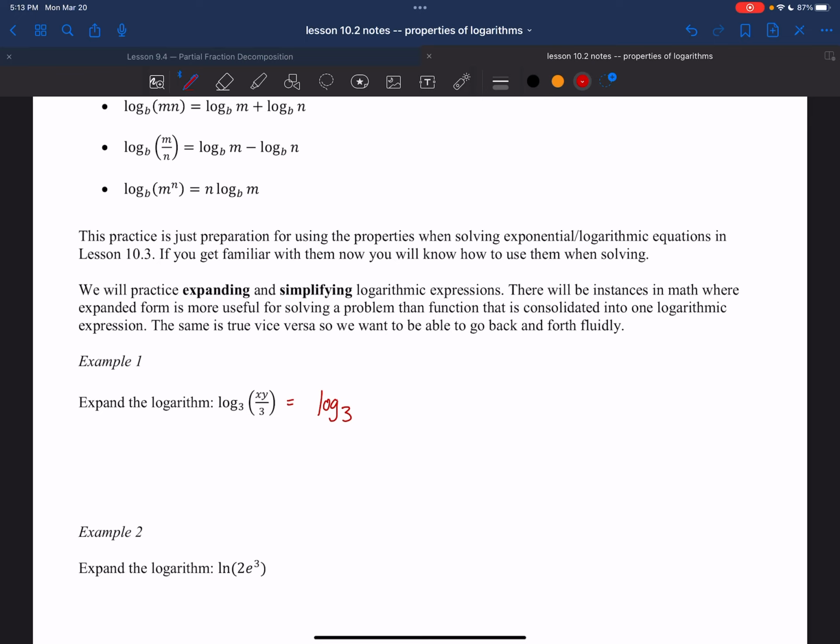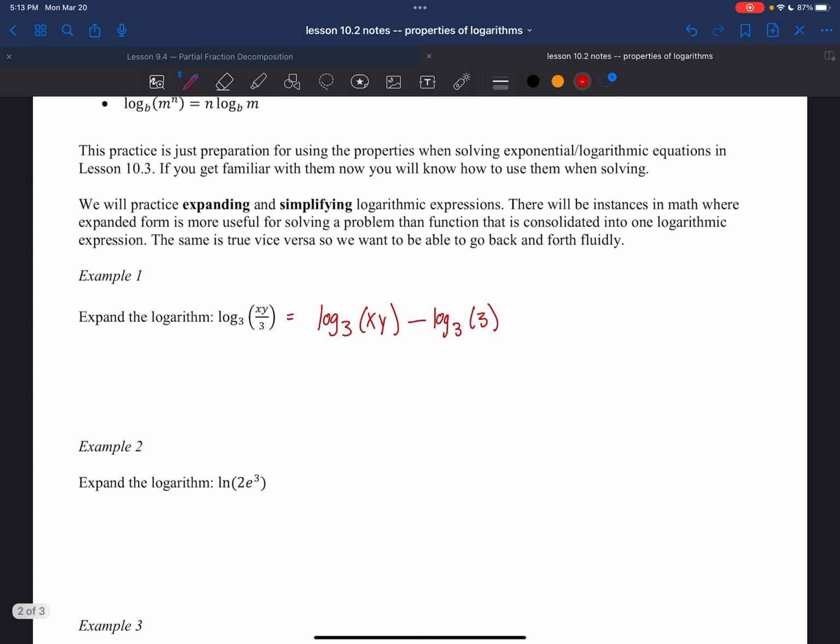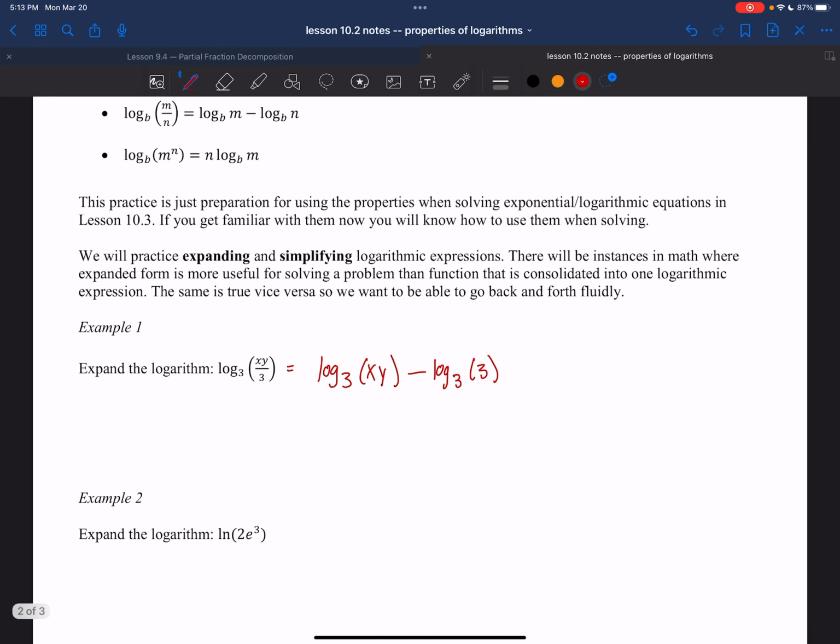Well, if you consider the product x times y as a single thing, and then 3 is in the denominator, then I'd split this into log base 3 of xy minus log base 3 of 3. This is using the quotient rule, right? Because this is the numerator and that's the denominator. So I just split them up like that.